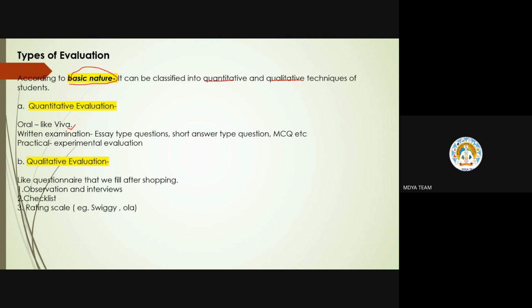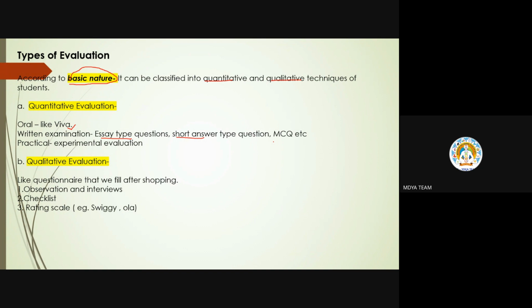In written examination, there may be essay type questions, short answer type questions, MCQ, or broadly we can say there may be subjective questions as well as objective questions. And in practical evaluation, there is experimental evaluation.